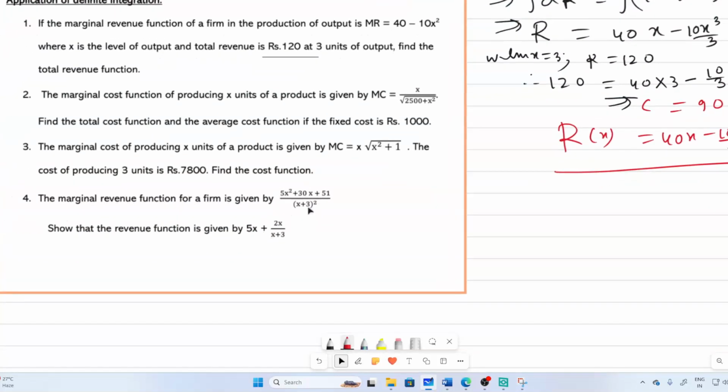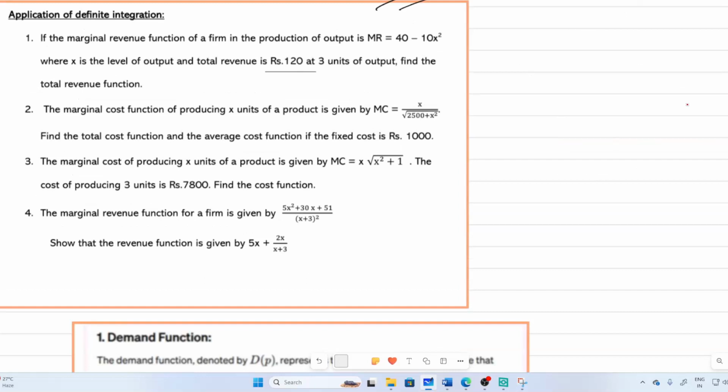Now let us find the cost function from the marginal cost function given over there. For this one, marginal cost you write in the form dc by dx.